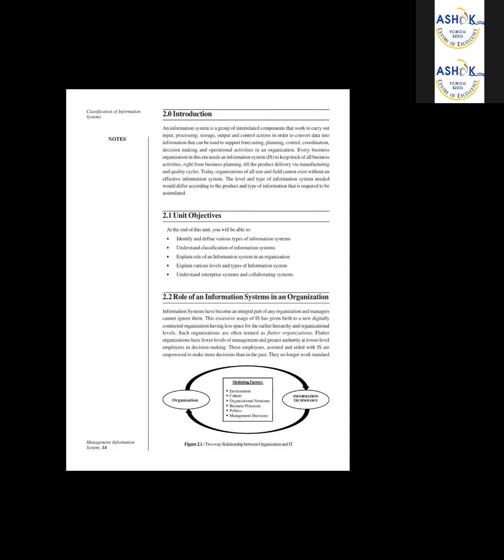Such organizations are often termed flatter organizations. Flatter organizations have fewer levels of management and delegate authority to lower level employees in decision making. These employees, aided with information systems, are empowered to make more decisions than in the past. They no longer work to a standard.